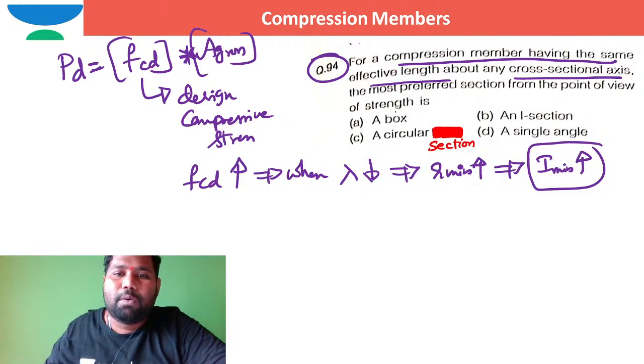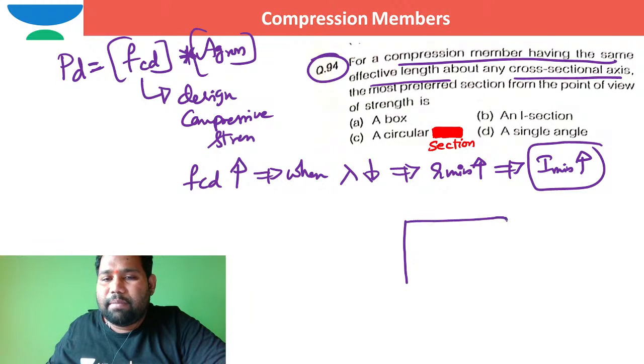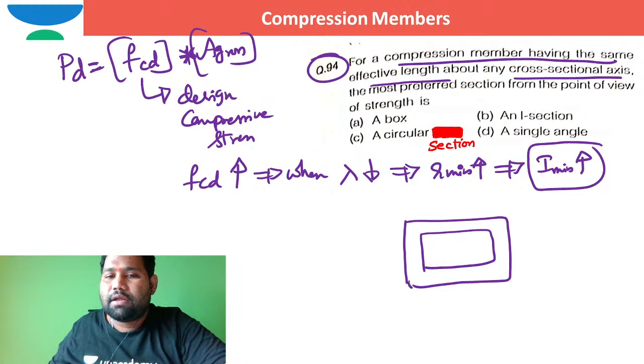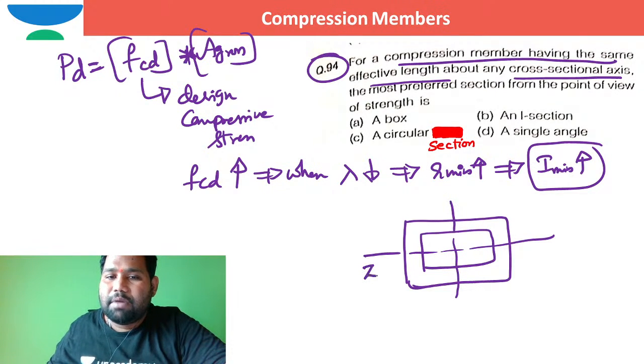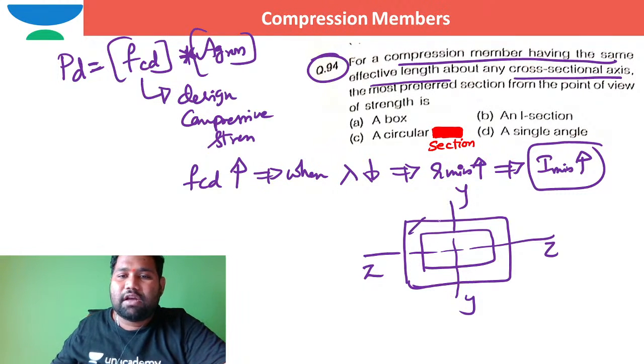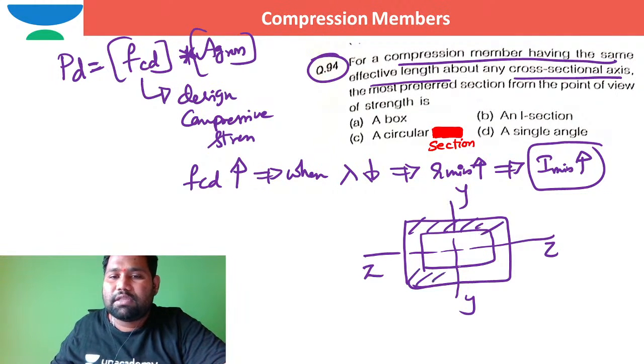The first type is the box section. Generally for metros, you might have seen a box section in this way. About this z-z axis and about this y-y axis, more area is thrown away from the axis.